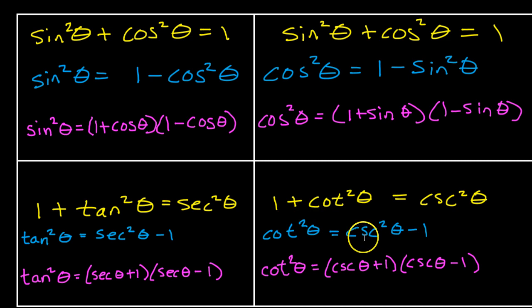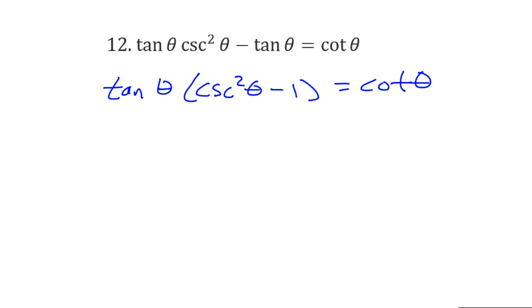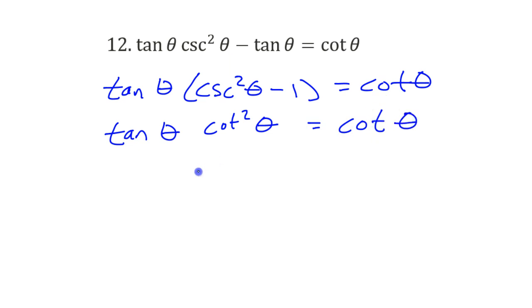Okay, so here it is in blue, cosecant squared minus 1. That is cotangent squared. So let's make that substitution. So this will be cotangent squared theta. Well, I don't really need the parentheses, do I? All right, so I have tangent theta times cotangent squared theta is equal to cotangent theta.